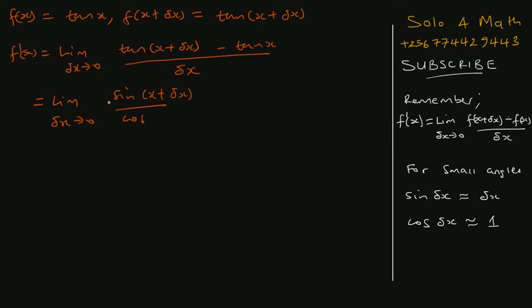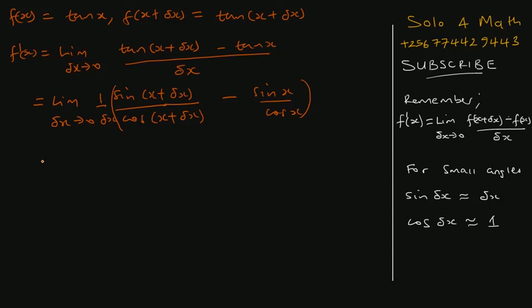Allow me to take out 1 over dx, like 1 over this, it is out. So in brackets, I'm just converting this to sine and cos. So this will be sine x plus dx over cos x plus dx, then minus, you do the same here, sine x over cos x.